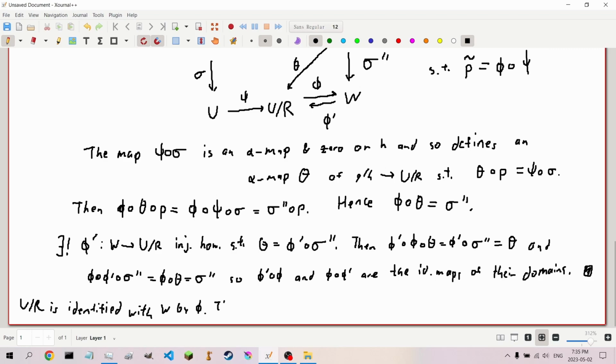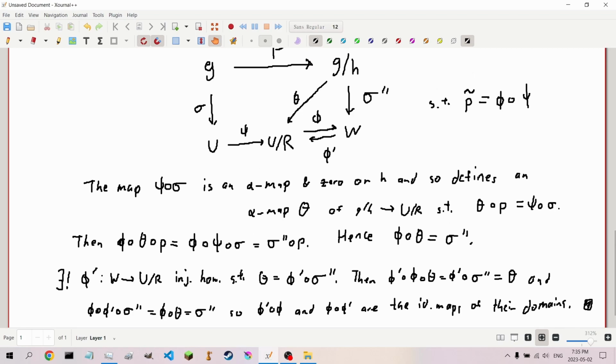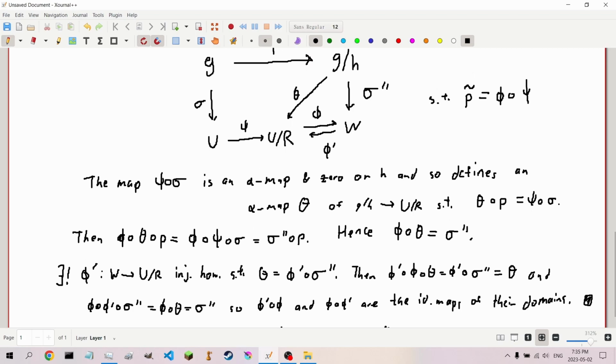So then the canonical mapping of sigma double prime, which is G over H into W, is identified with theta. So yeah, these two maps at the bottom of the triangle on the right here are isomorphic, these two enveloping algebras.